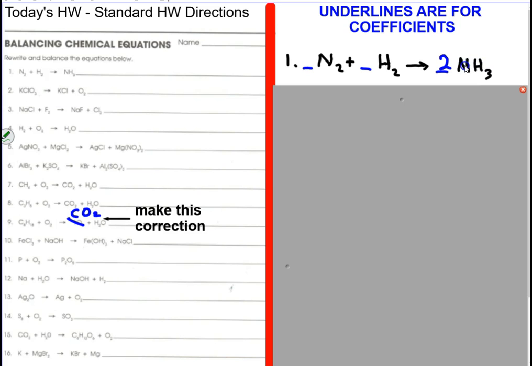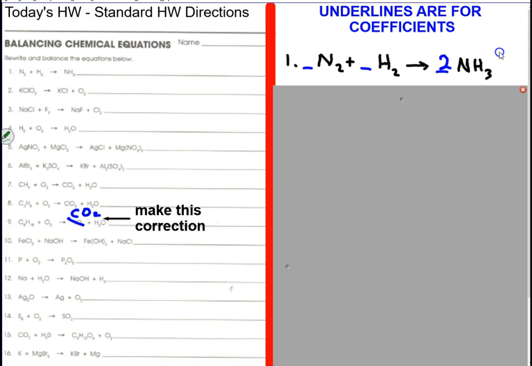It does not affect the nitrogen in any way. And this N and H3 is actually a ratio. It's 1 nitrogen to 3 hydrogens. That's what that means. That ratio cannot be changed in balancing the equation.